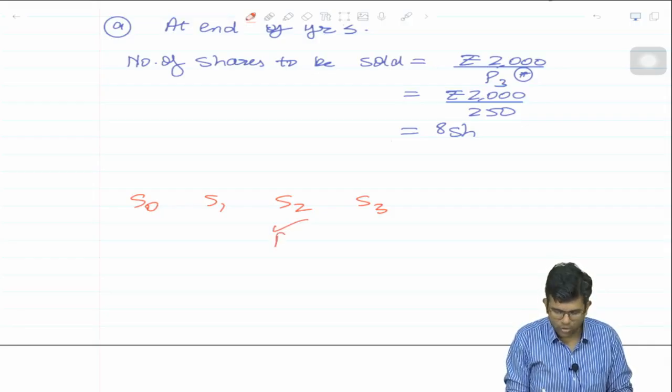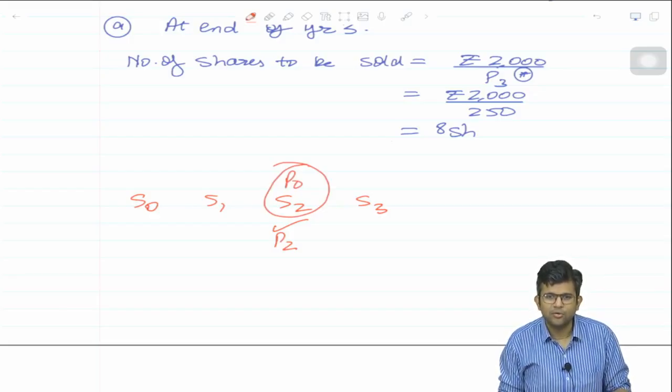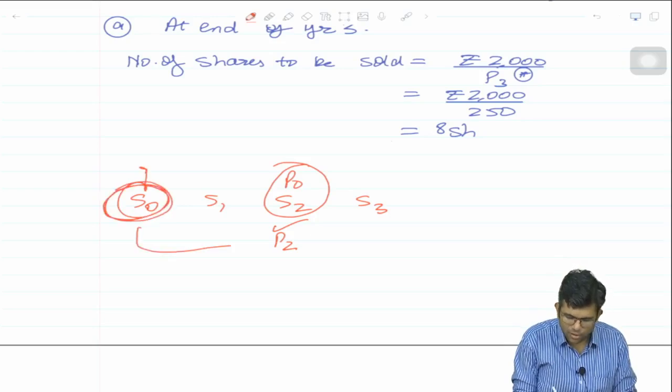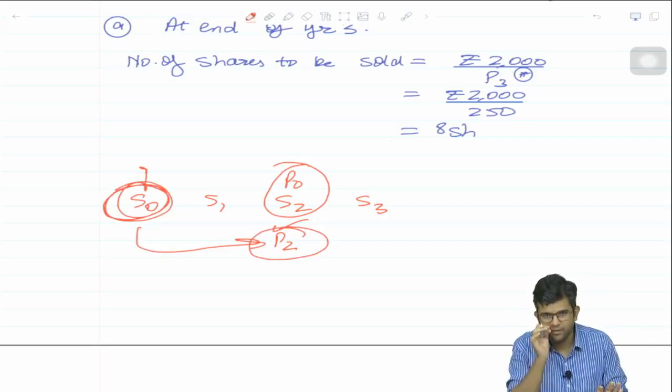This is P2, correct? But this P2 is P0 now for this station. For that station it is P0. But if you are sitting here and looking forward, it looks like P2. Everybody clear? That's what I am trying to explain.